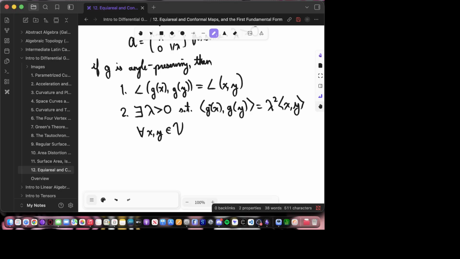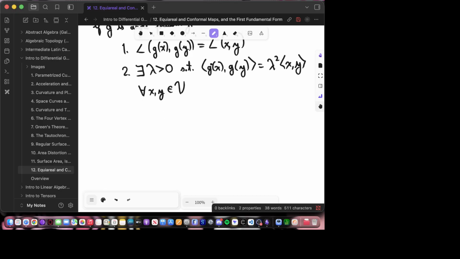There exists some positive lambda such that the inner product of G of x and G of y is equal to lambda squared times the inner product of x and y for all x and y in V.